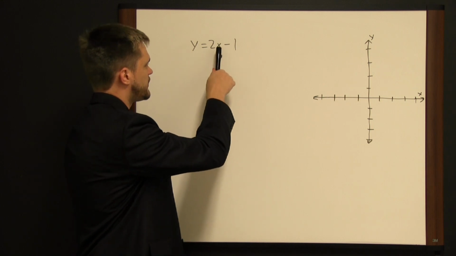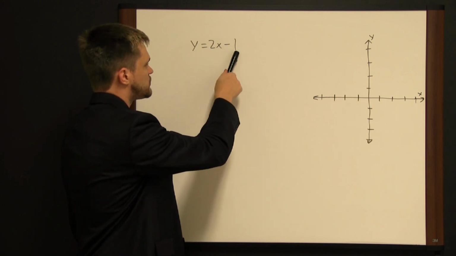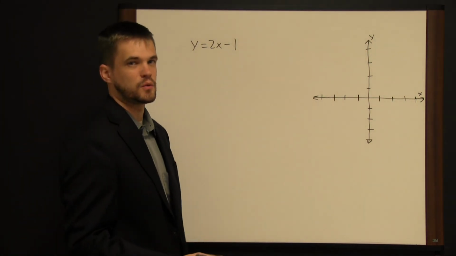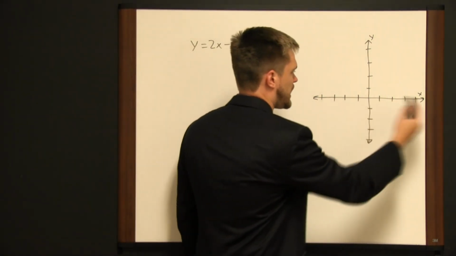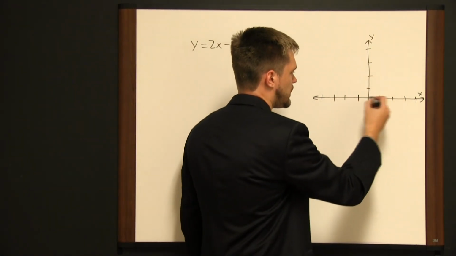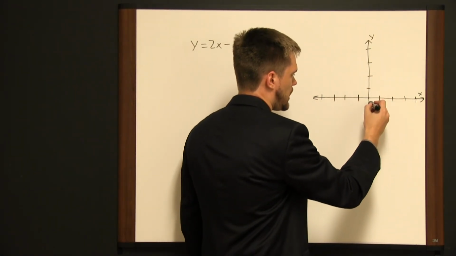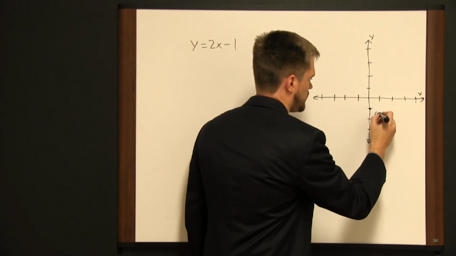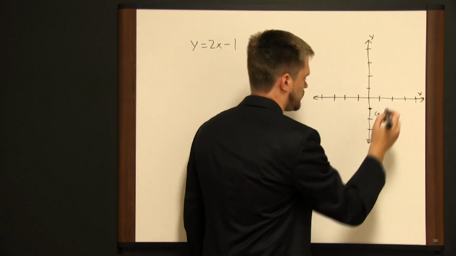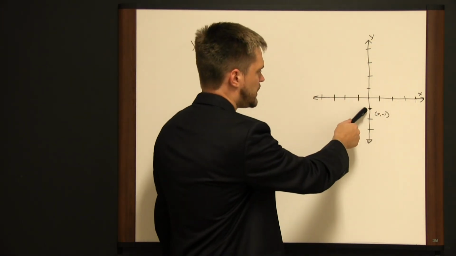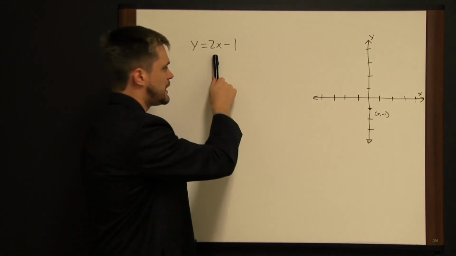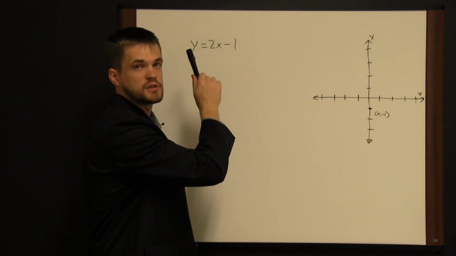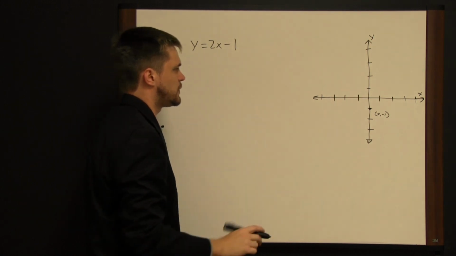We get 0 minus 1, or negative 1, so y equals negative 1 when x equals 0. So we have our x-axis and our y-axis. When x equals 0 and y equals negative 1, that's this point right here. I'll mark this 0, negative 1. So that's one point that's on this line, and it is one set of values that satisfies the equation.